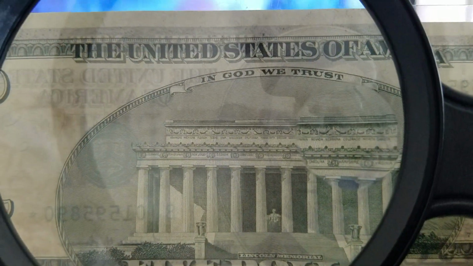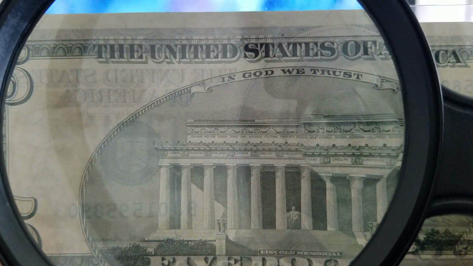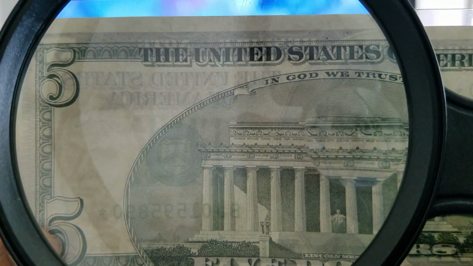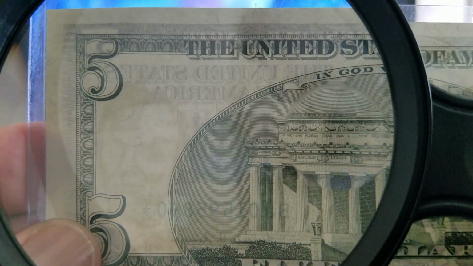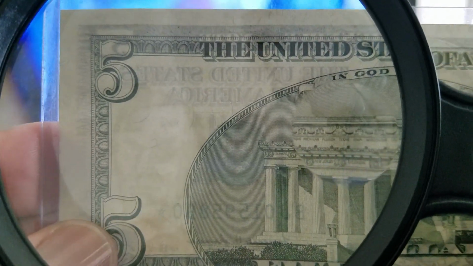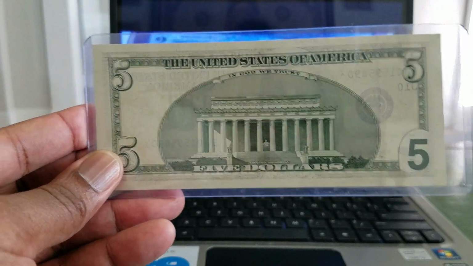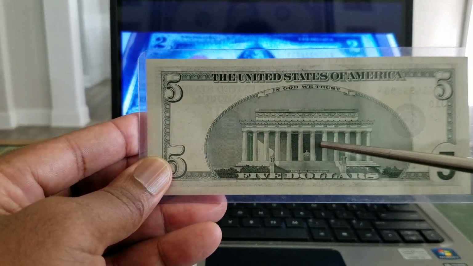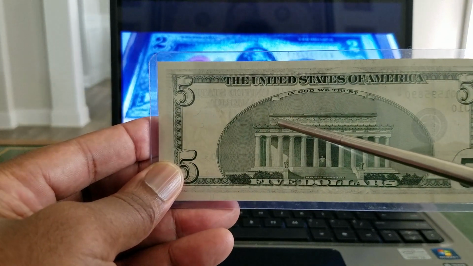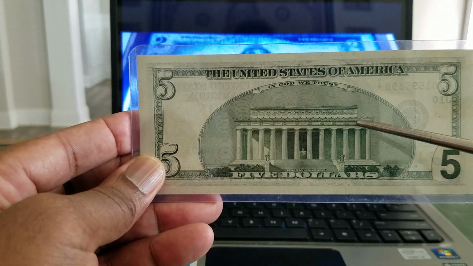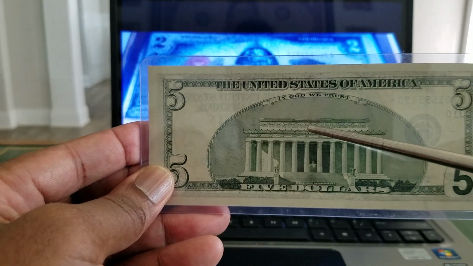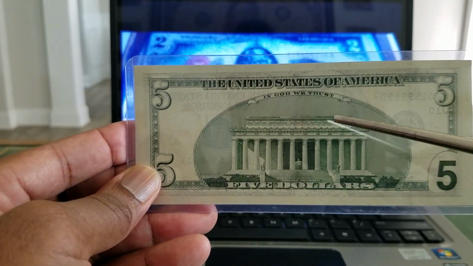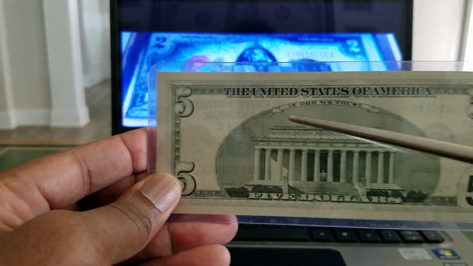On top of the memorial, you have the states that were actually states during the printing of this note. So if you was looking at this memorial, those would be the states you'll be able to see, and it's 28 of them. The other 22 states will be on the sides and on the back.